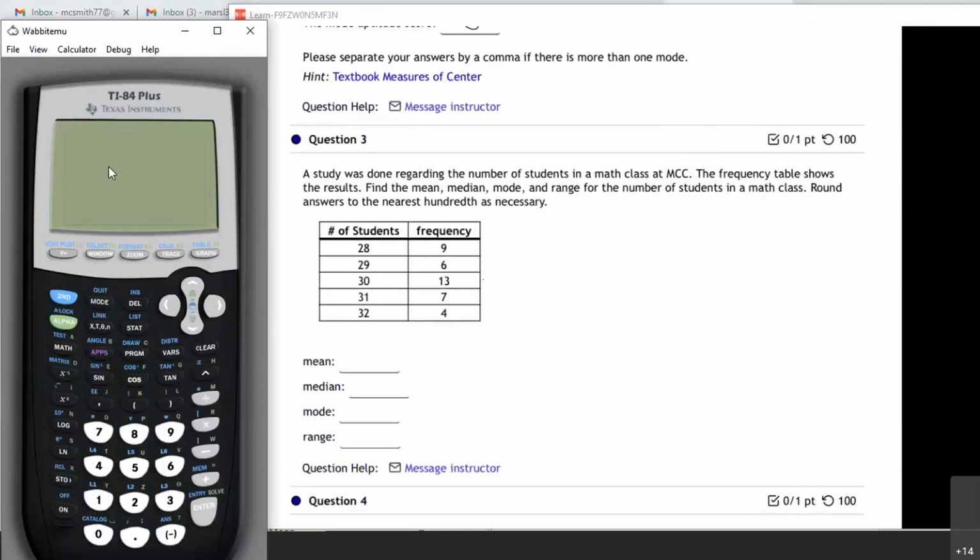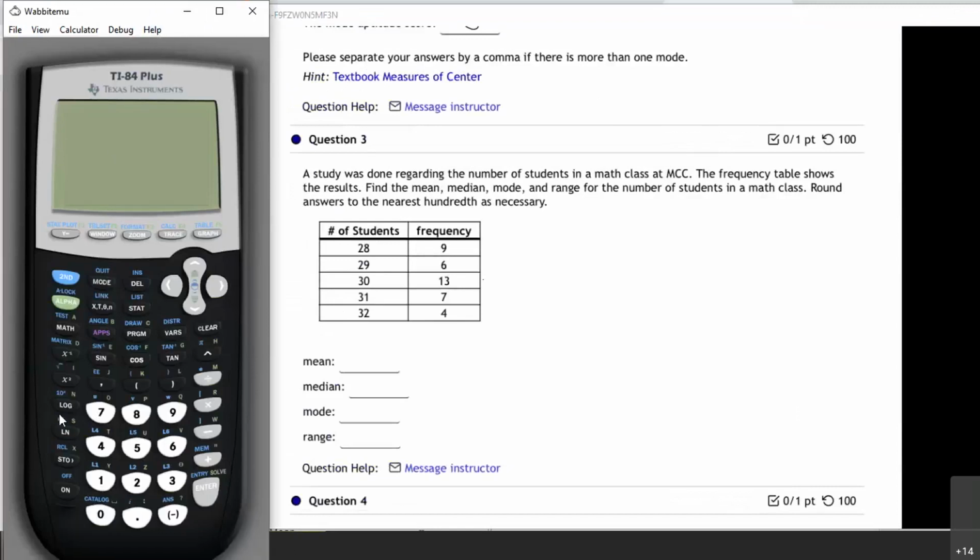So let's turn it on. I'm going to quit out of here, go into my lists again, clear list 1 and 2, because I have data in those. Then do the same kind of thing.